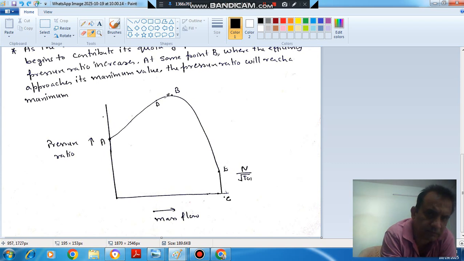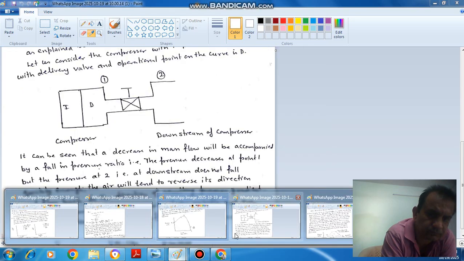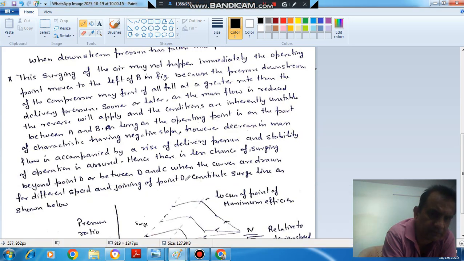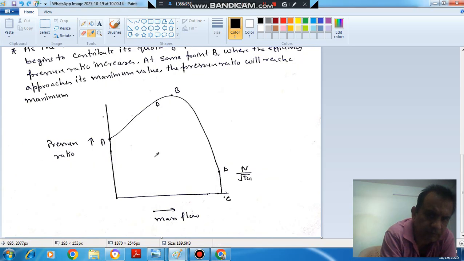However, there is some positive slope here also, but this is not so high. So there is less chance of surging when we operate between D and C. When curves are drawn for different speeds, the line joining the points D constitutes the surge line. This is a single curve for a single speed, N by root T01.